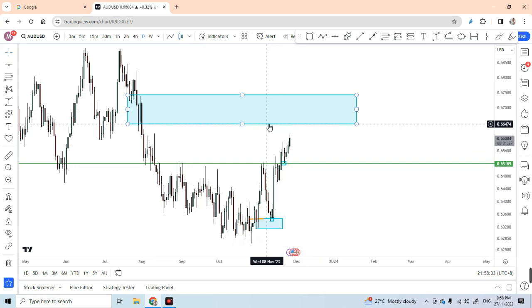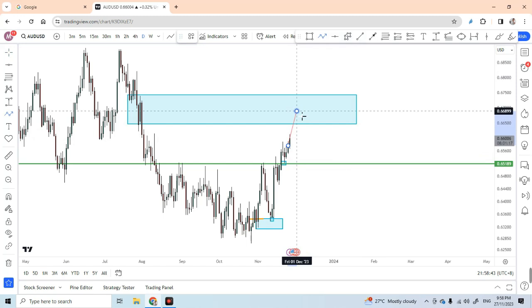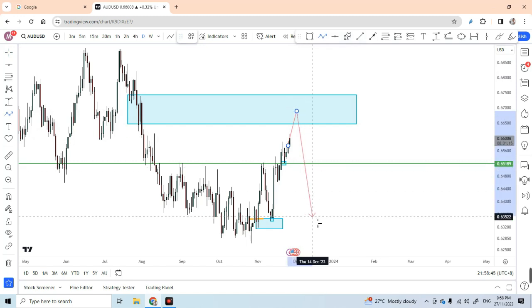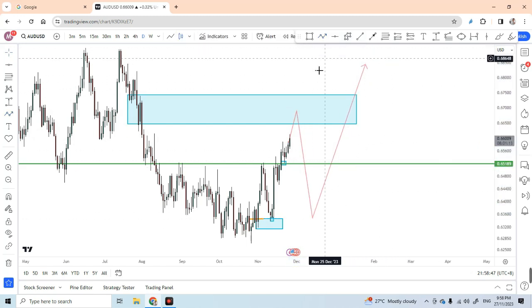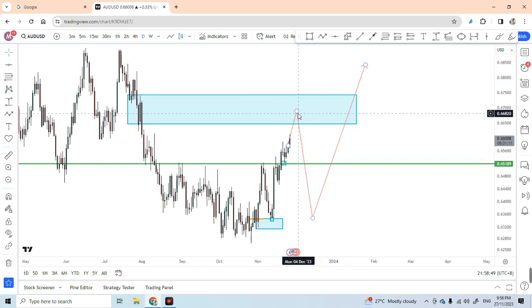And this supply zone might give you some reaction, or it might give you some pullbacks. What happens if the price goes into this area, pulls back all the way downwards, and only then starts to move up? If this happens, you are going to feel that you are hit by a lot of stop losses along the way.